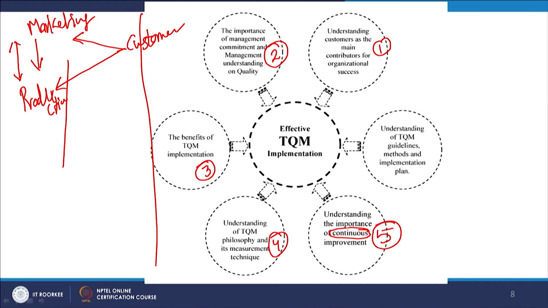And finally, for the sake of how to implement it, we need to understand the procedural aspects of TQM implementation: what are the manuals, what are the tools, what are the checklists, what are the formats you need to use for implementing TQM in your organization.